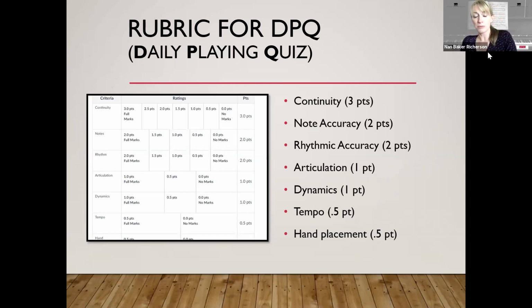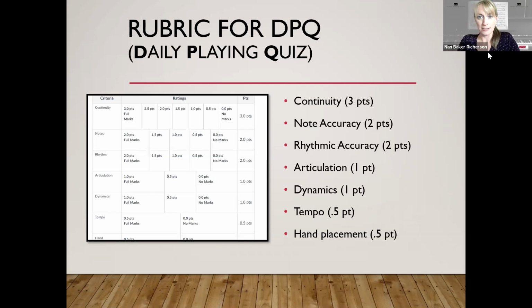So these are the things I'm looking for. This is what my rubric looks like. It's the same throughout the entire semester. I'll tweak it, give or take a specific assignment, but I'm looking at continuity, note accuracy, rhythmic accuracy, articulation, dynamics, tempo, hand placement. All my DPQs are out of 10 points.